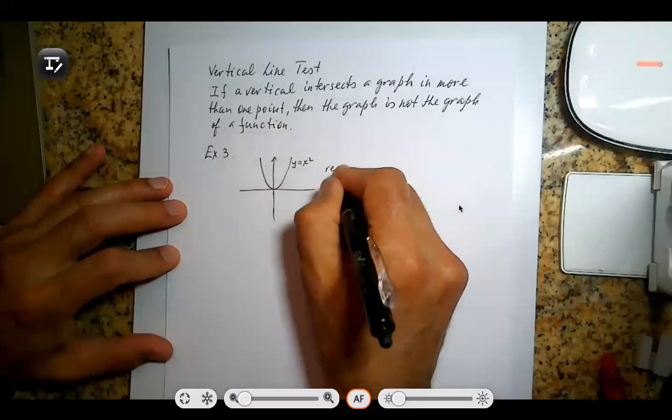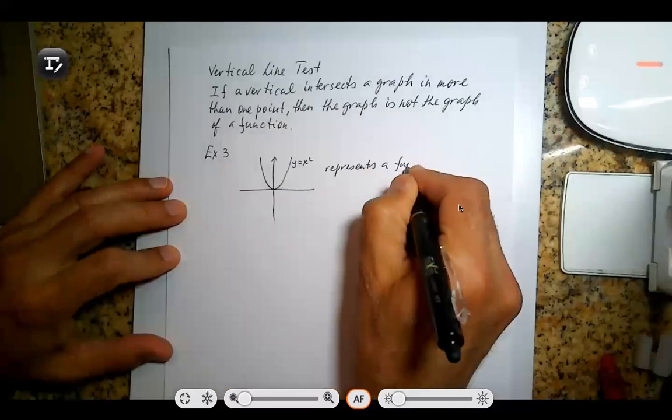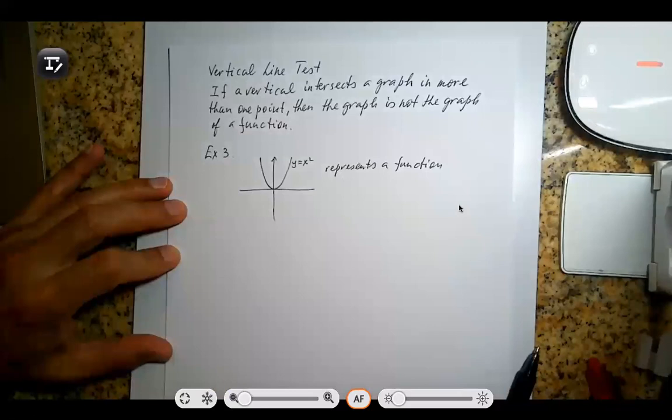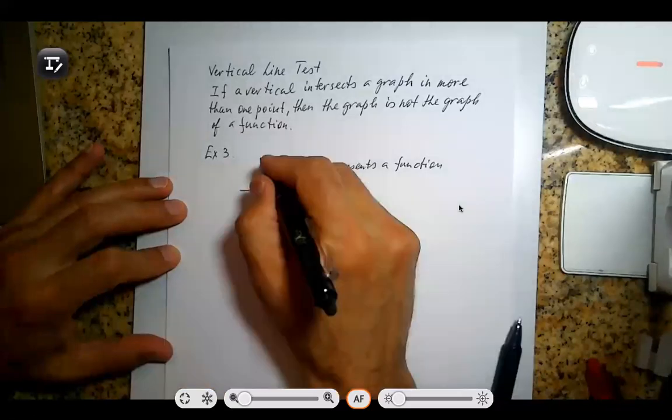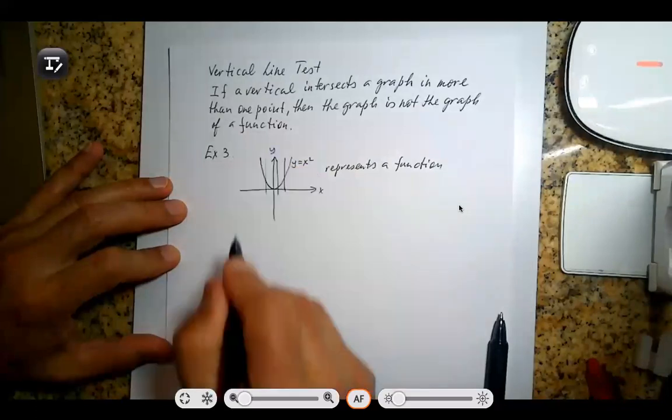It represents a function because it passes the vertical line test. So any vertical line crosses in no more than one point.